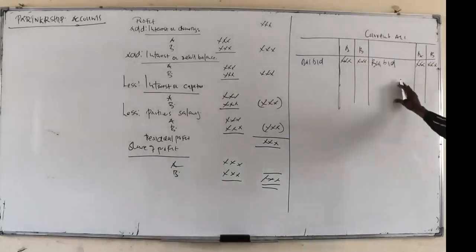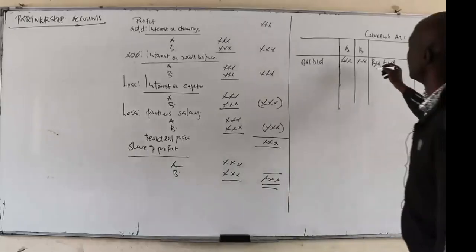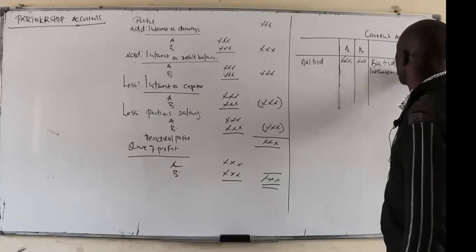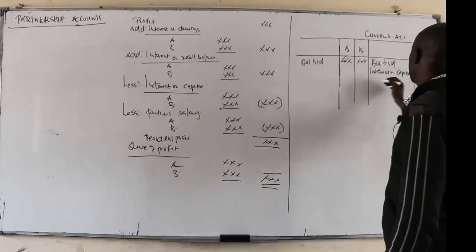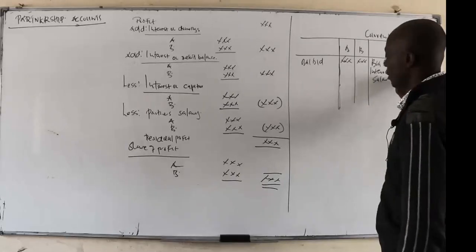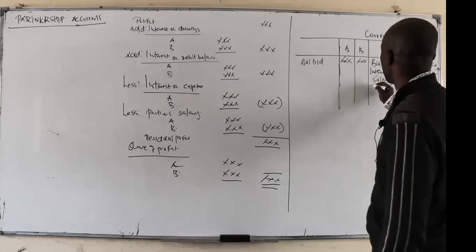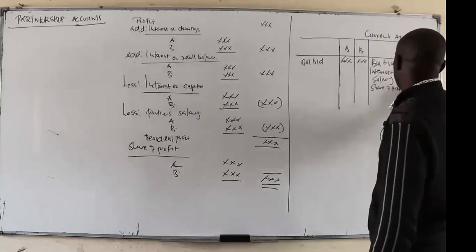So on this side we record the gains that the partners get in the partnership. For example, interest on capital is recorded on this side. Then we have partner salary, recorded on this side. Then we have share of profit.